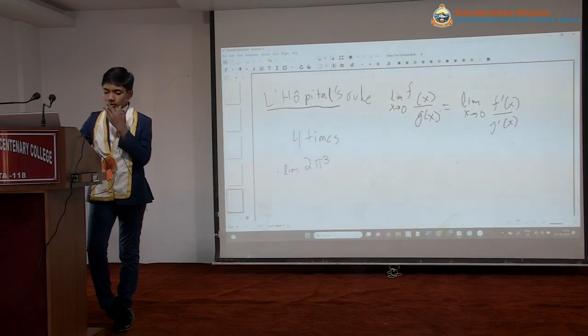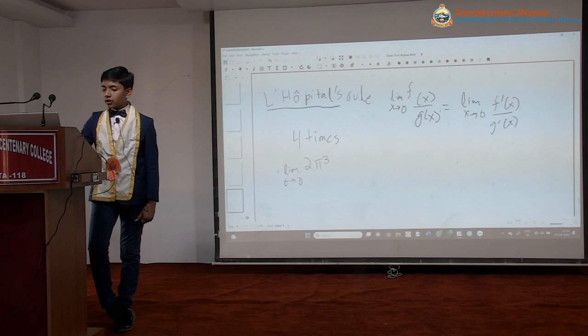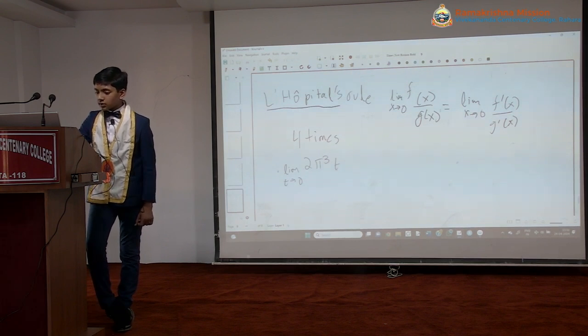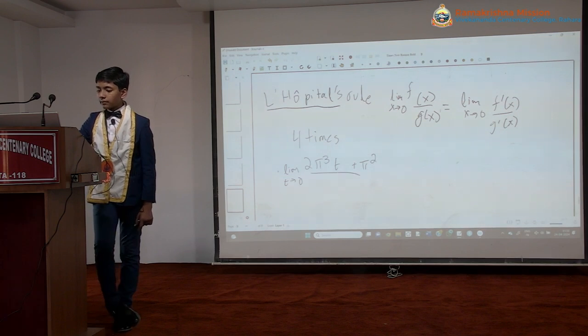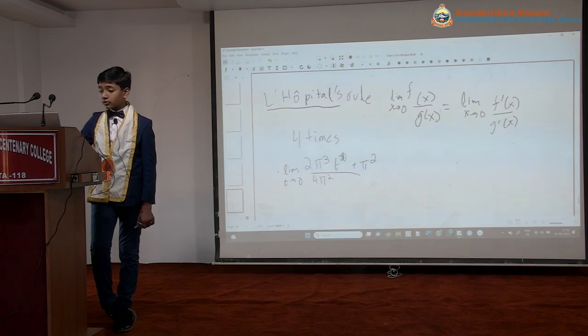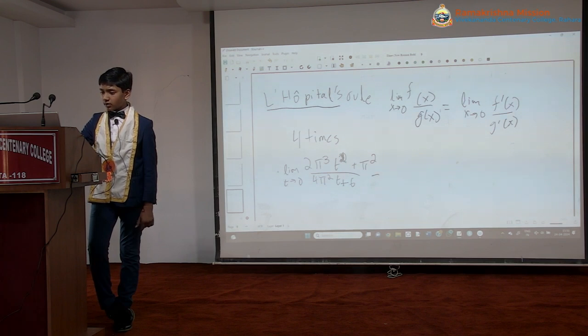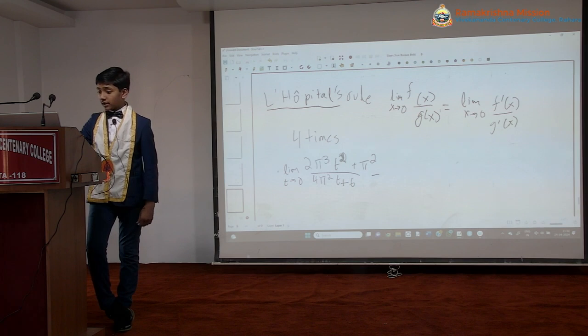The limit as t approaches 0 of 2 pi cubed t plus pi squared divided by 4 pi squared plus 6. Yeah, that seems about right. So, oh no, this is a t squared, and yeah, everything else seems good.